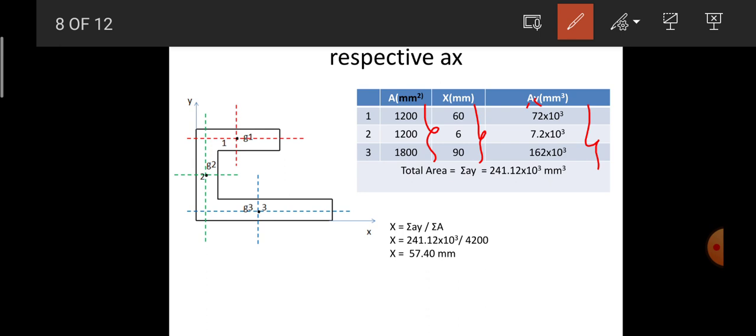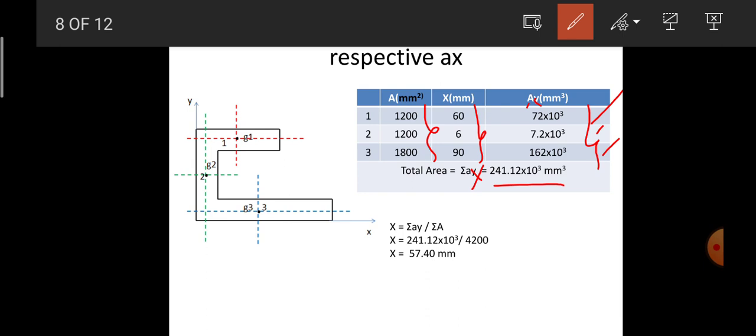So in order to determine that for the total C section, I need to sum up these three values of the individual rectangles, so that I'll get the overall sigma AX value as 241.12 into 10 power 3.